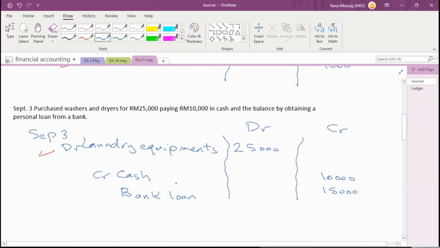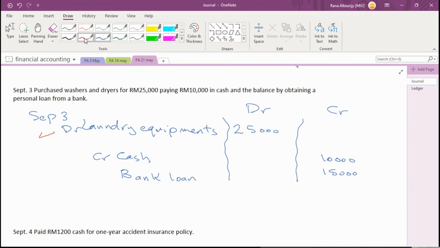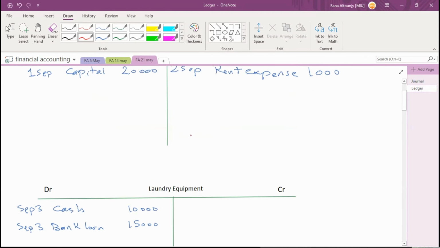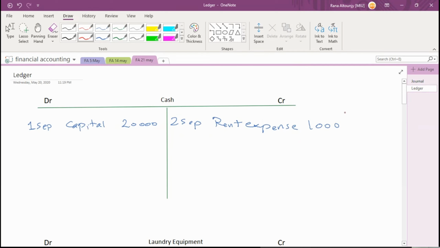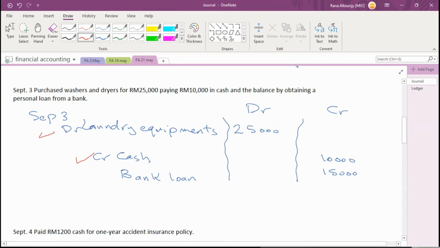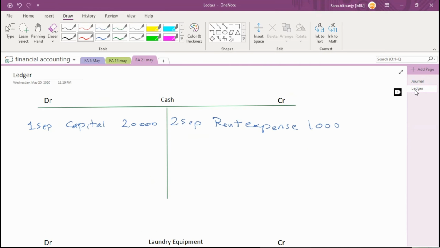So like this, we transfer the first side of the transaction. Now we transfer the second side of the transaction. You see here we have two accounts, so we have to go to the T accounts of both accounts. Credit, cash. We go to the credit side of the cash. We write September 3rd, laundry equipment.